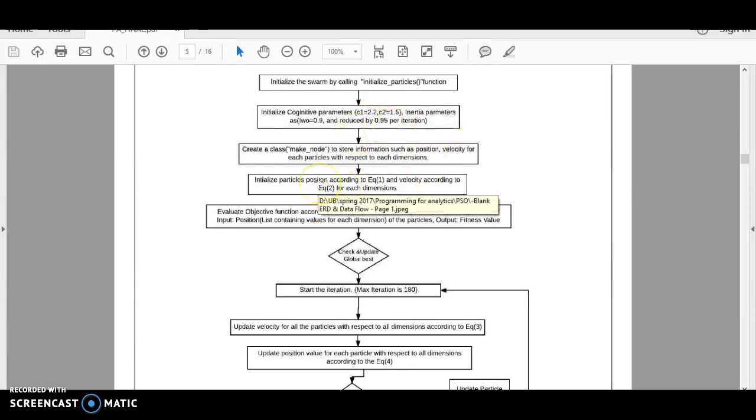The next step of the process is to initialize the position and also velocity according to an equation which I'm going to brief about in a few seconds. Then the next process is to evaluate the objective functions. One of the key things about particle swarm optimization is that it is used for continuous optimization, but in our case it is a discrete optimization.